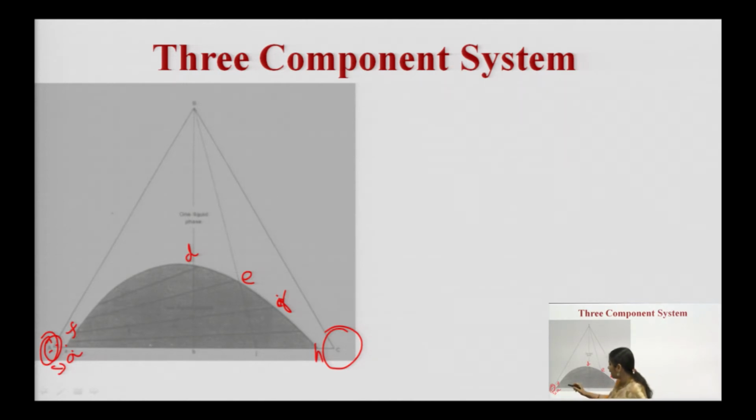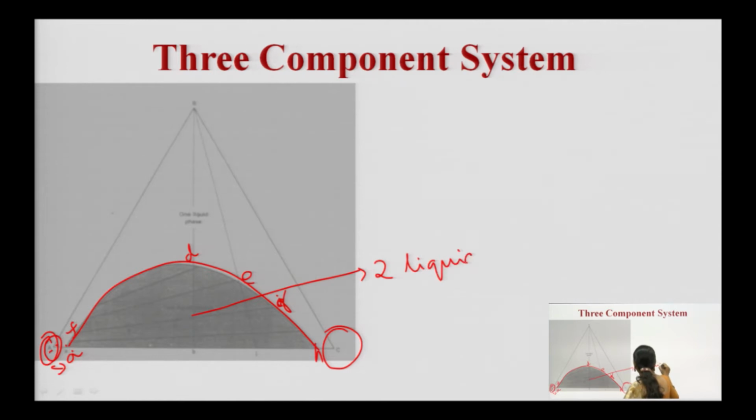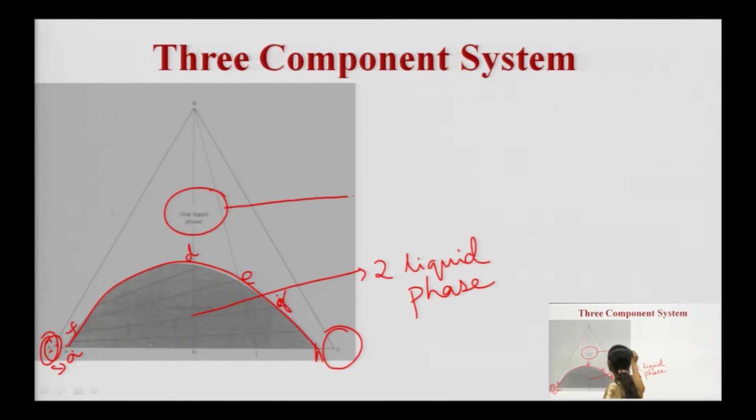This line represents the binodal curve, and below this curve two liquid phases exist, and above this one liquid phase exists.